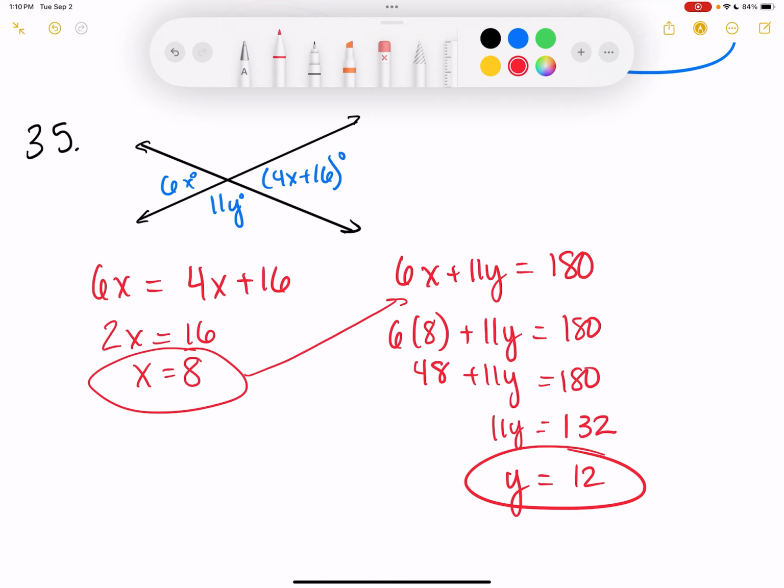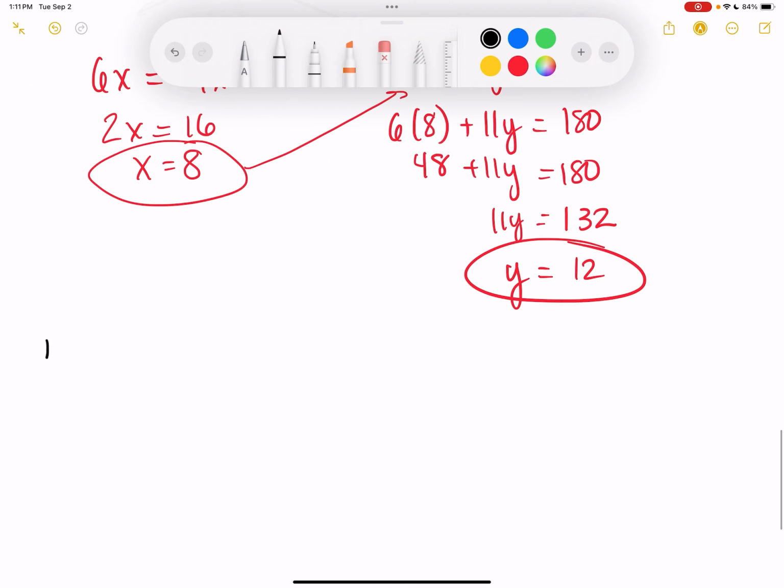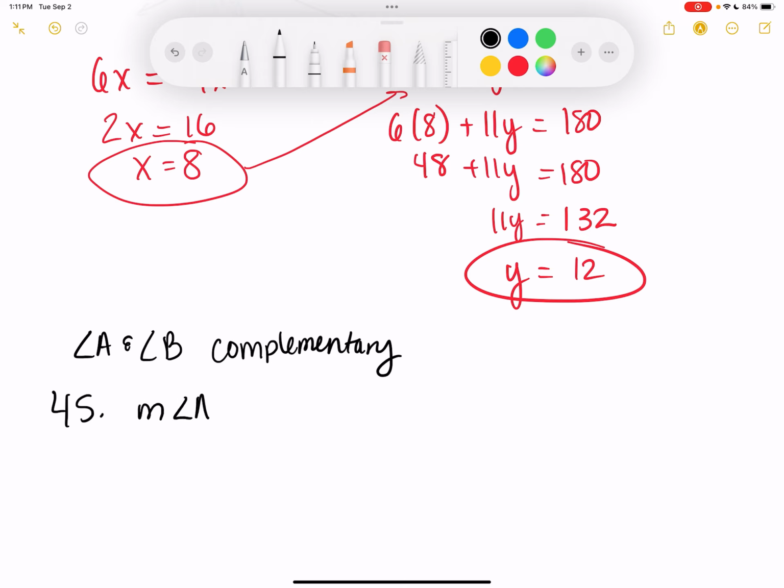All right, last two problems are doing complementary and supplementary angles. The first one says angles A and B are complementary. Find the measure of A and the measure of B. So in problem 45, the measure of A is equal to 5x plus 8.